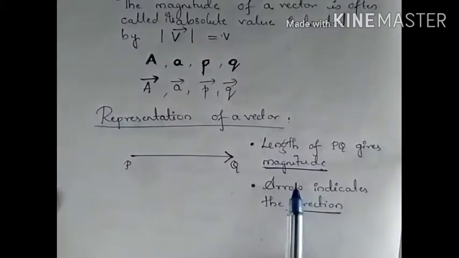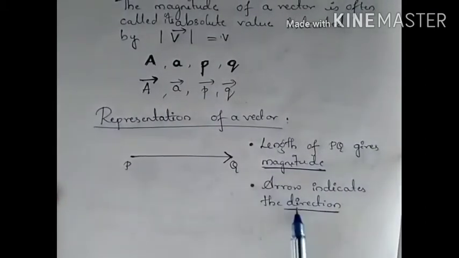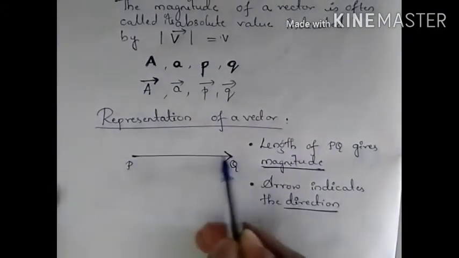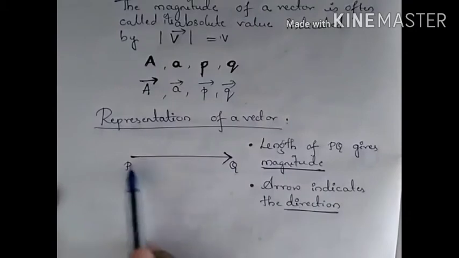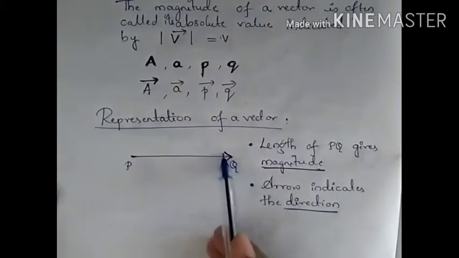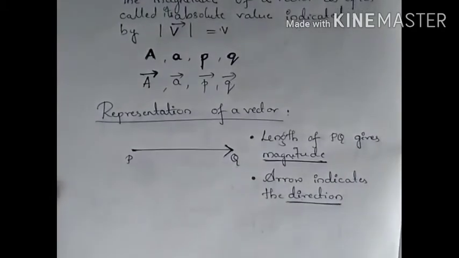So for a vector you have both magnitude and direction. To represent a vector, we use an arrow mark like this. The length of the vector gives the magnitude and the arrow mark gives the direction.